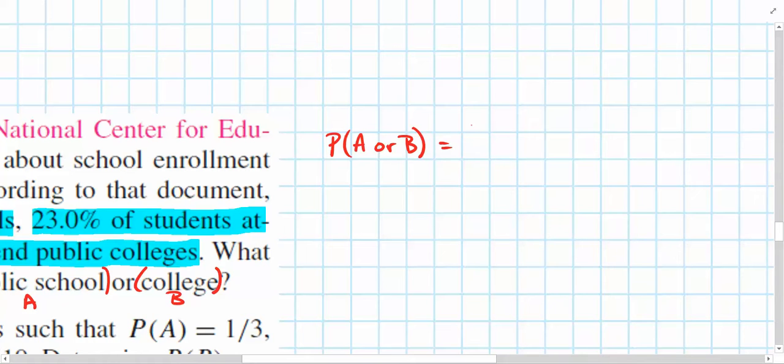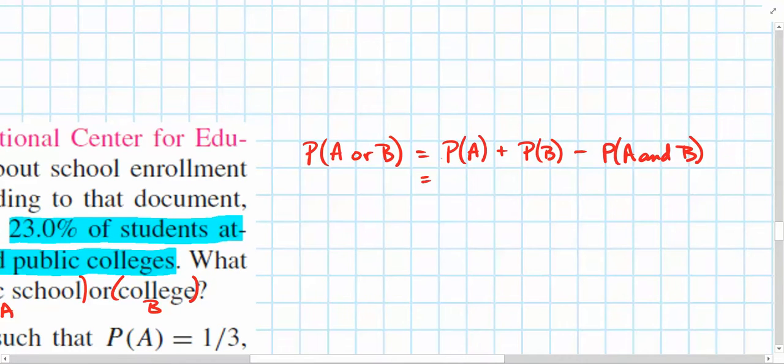And we know from the general rule that this is equal to the probability of A occurring plus the probability of B occurring minus the probability of both event A and B occurring at the same time.